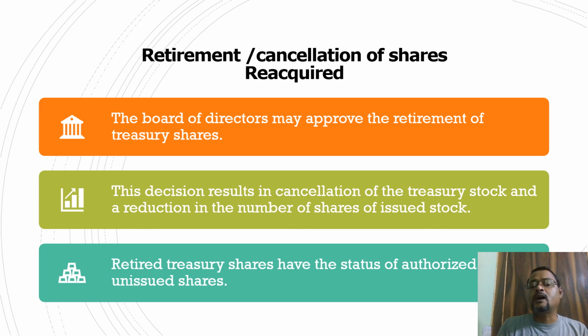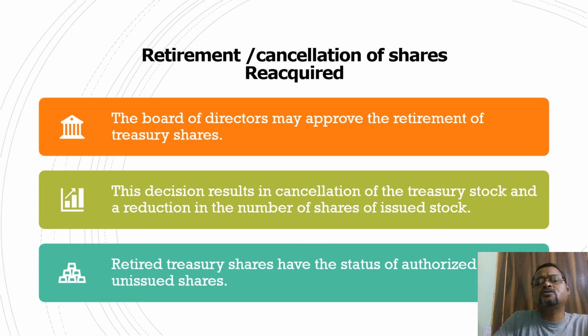If 10,000 stocks are reacquired and not resold, then 10,000 will be deducted from the number of issued shares. Now the number of issued stocks will be 90,000 only. So shareholders' equity will go down by 10,000 stocks. So retired or cancelled treasury stocks become unissued shares, and they will still remain in the authorized share capital. But the number of unissued stocks will be greater, and issued stocks will go down by the number of stocks which have been reacquired and cancelled.